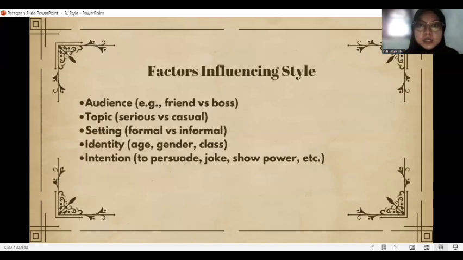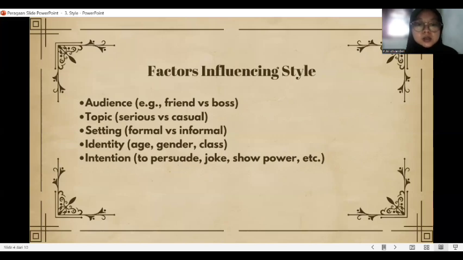Factors influencing style. Audience is who you are talking to. For example, a friend versus a boss. The topic: serious topics require more careful language than casual ones.